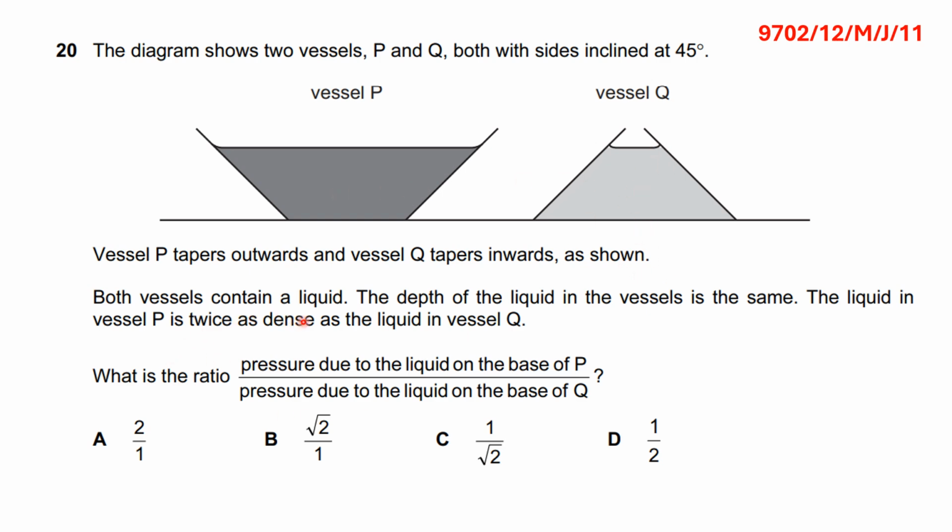Both vessels contain a liquid. The depth of the liquid in the vessels is the same. The liquid in vessel P is twice as dense as the liquid in vessel Q. What is the ratio of the pressure due to the liquid on the base of P and the pressure due to the liquid on the base of Q?